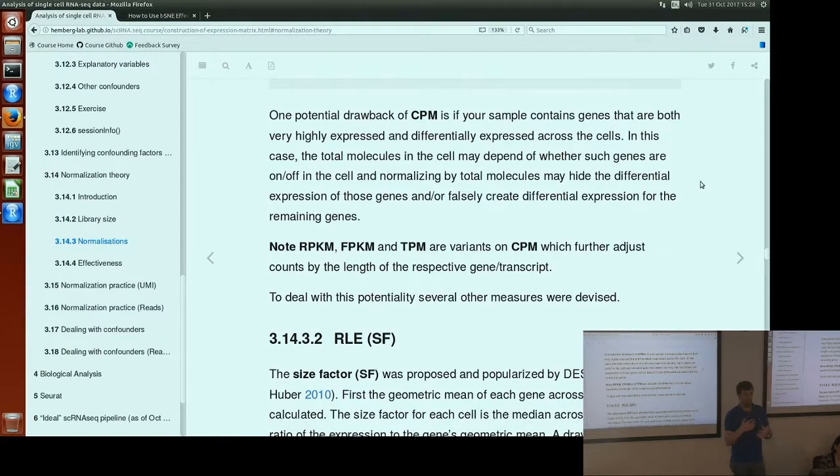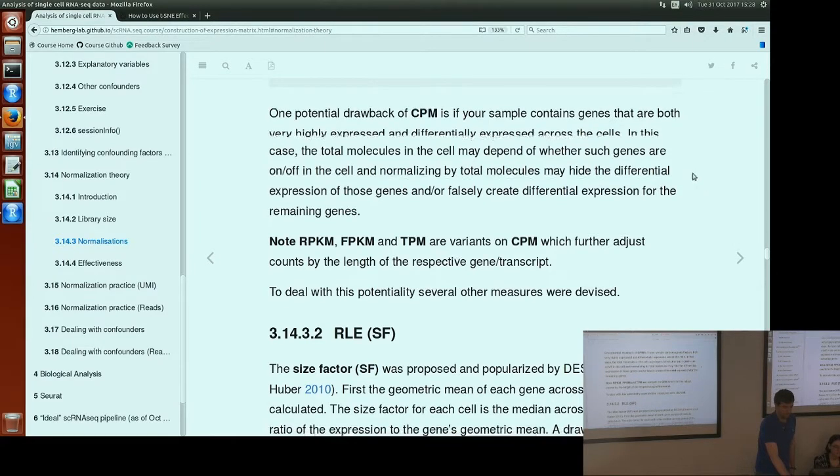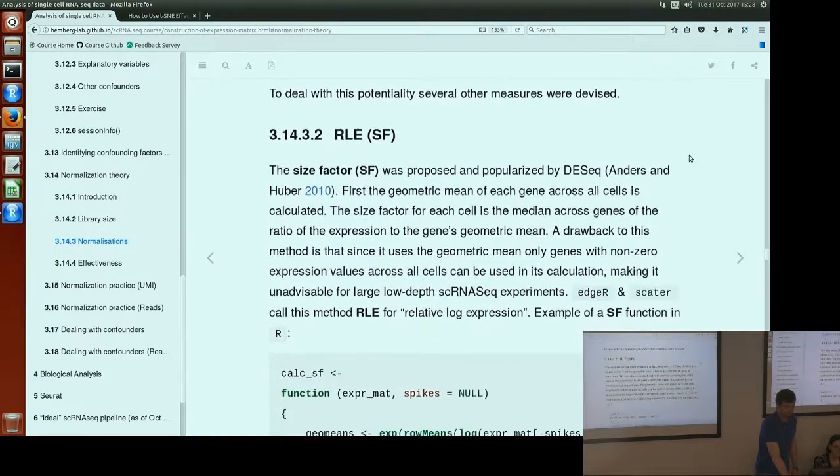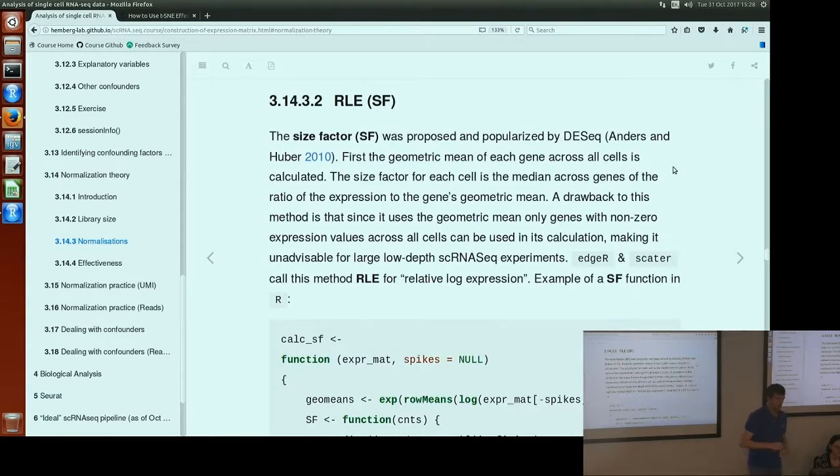So that comes down to gene length. GC content can affect how well we can assay and measure the expression coming from such genes. So all of these normalization methods address this, or don't, in various ways, but it remains a difficult thing.